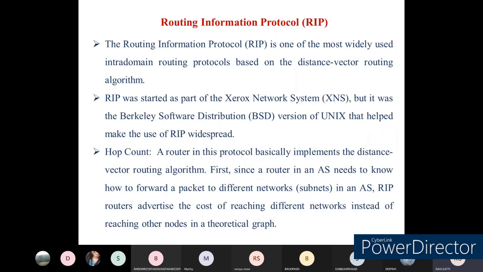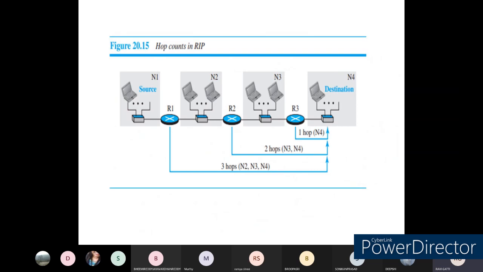This cost is defined based upon the router and also the network in which the destination host is located. So based upon that, we assign the cost for each distance vector routing table. This is how we establish the hop count in the case of the RIP protocol.